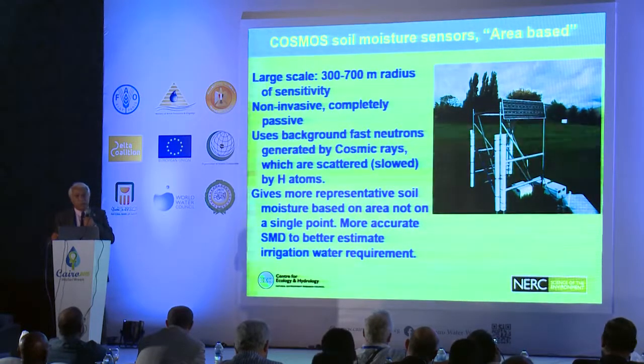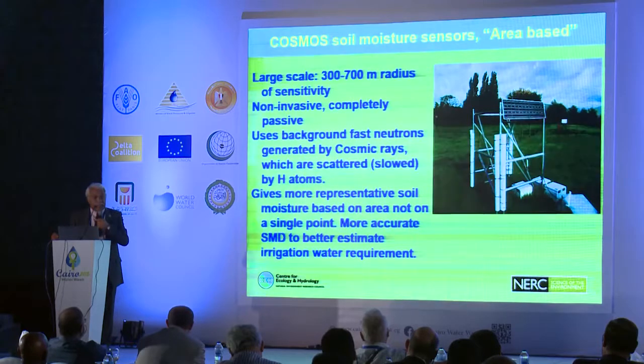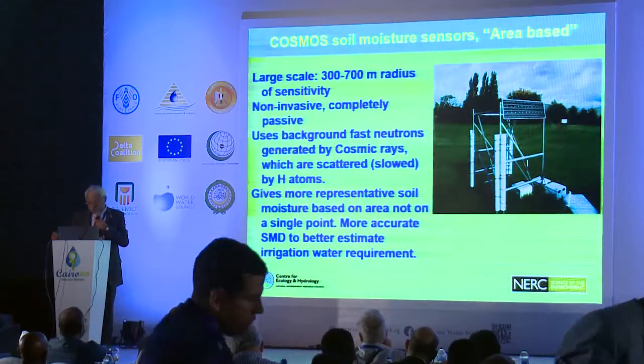And those neutrons have the same atomic weight as the hydrogen of the water. So when they hit the hydrogen of the water, they slow down in velocity, and we count the velocity of slowed down neutrons as indicator of soil moisture content.